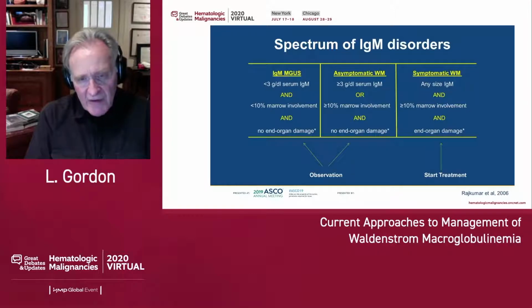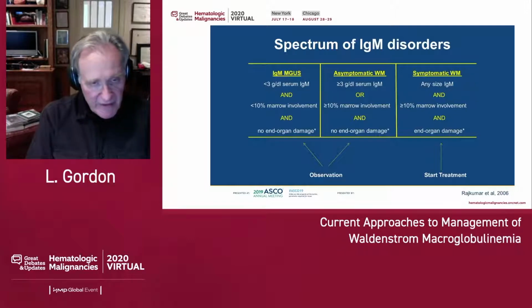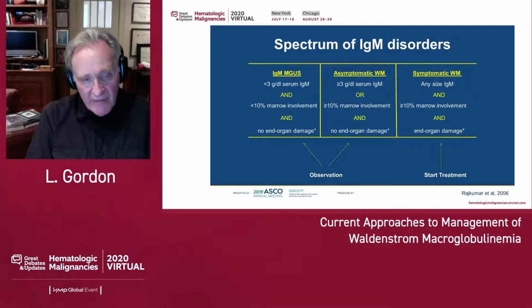Looking at the spectrum of IgM disorders, there are patients who have monoclonal gammopathy of undetermined significance with IgM, and those are patients that generally have less than 3 gram per deciliter of serum IgM, so a small paraprotein, less than 10% marrow involvement with a lymphoplasmacytic lymphoma, and no end organ damage.